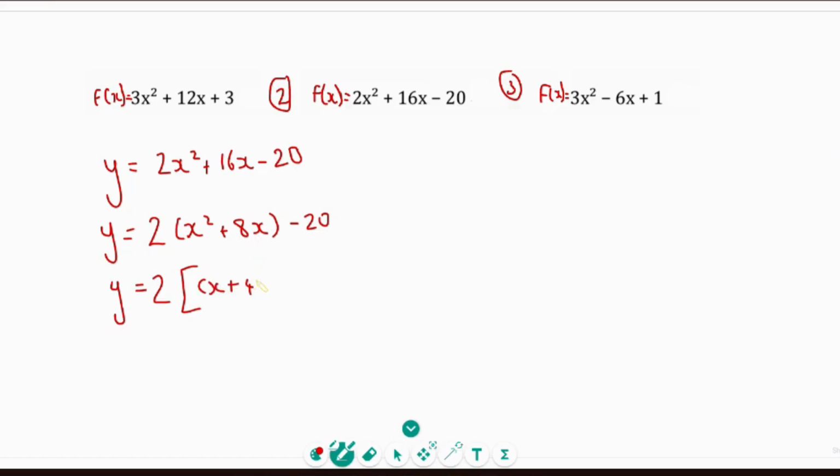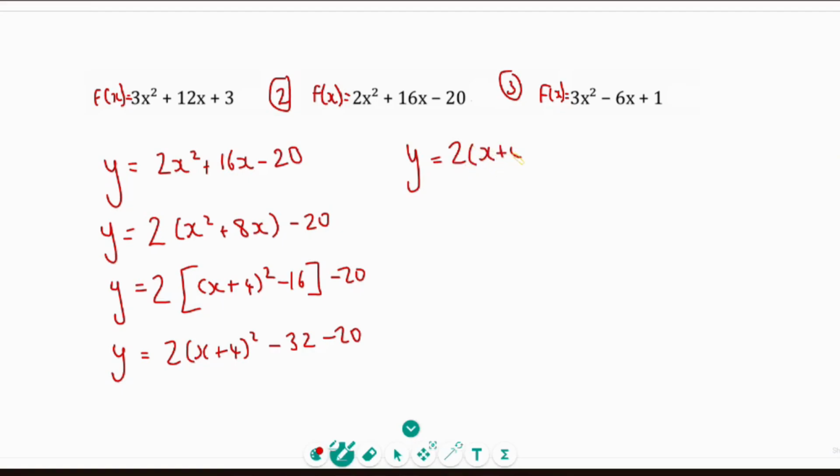Half of 8 is 4. 4 times 4 is 16. Simplify by expanding your big brackets. Simplify. Divide by 2.